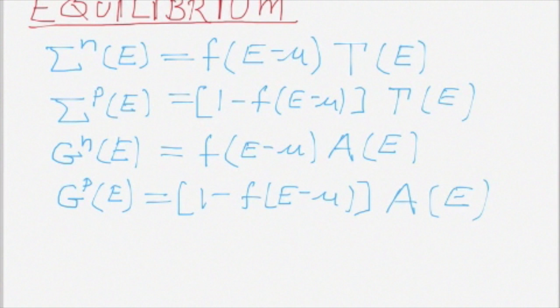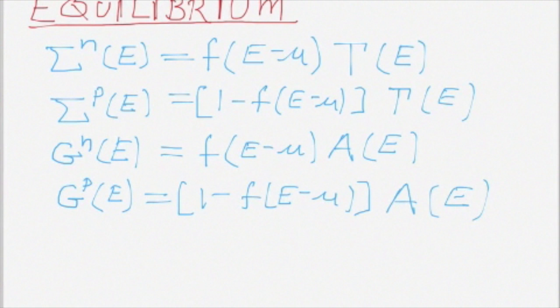Okay, so these are equilibrium relationships. Again, probably the most important thing is that once you understand that you can get the density of states from the Green function, then it's clear that in equilibrium, once you calculate the Green's function, which gives you the spectral function, you immediately have the electron and hole density, because you know the Fermi level mu.